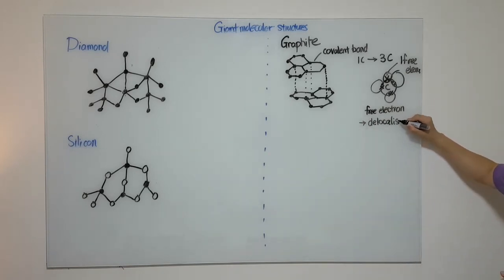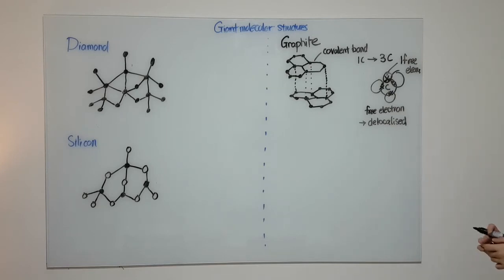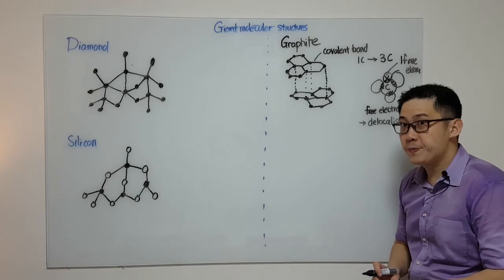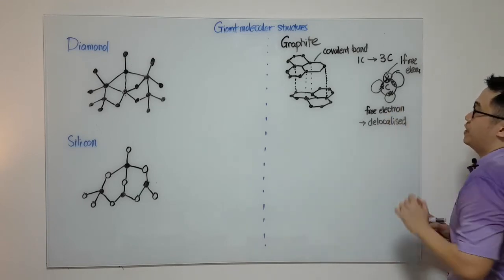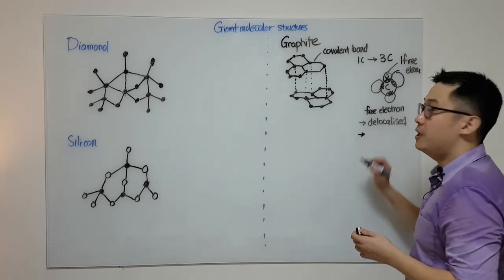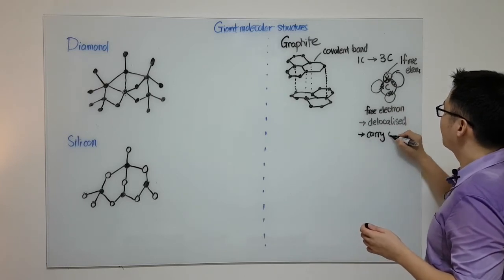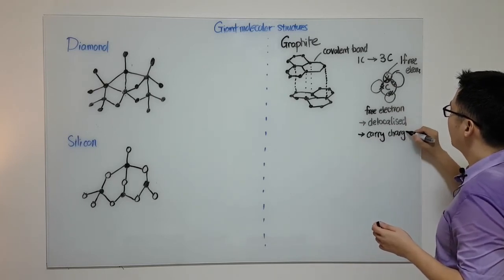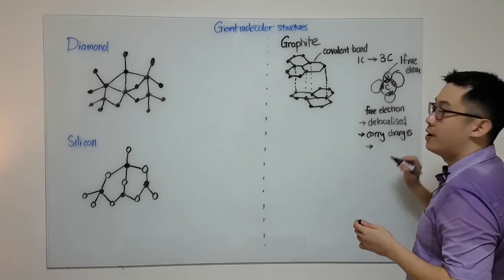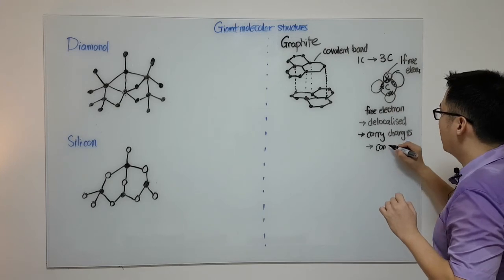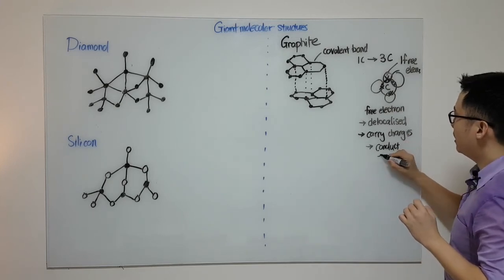The keyword is delocalized. And when this delocalization occurs, this electron becomes something that can carry charges, and therefore, for graphite, it will be able to conduct electricity.